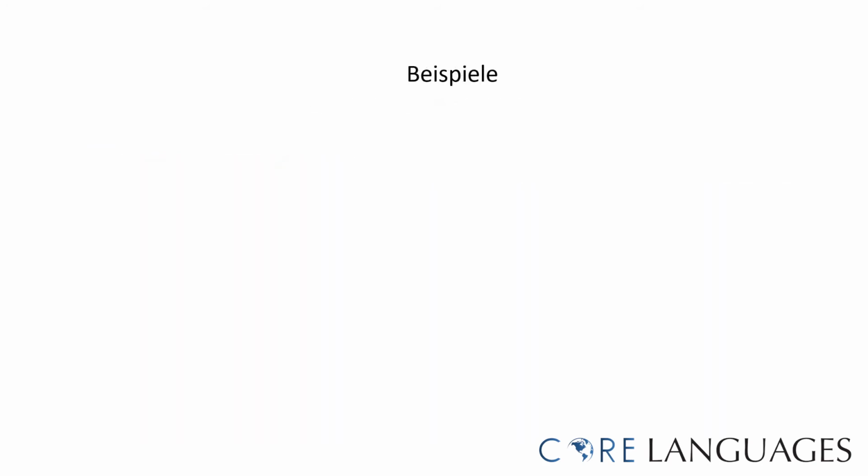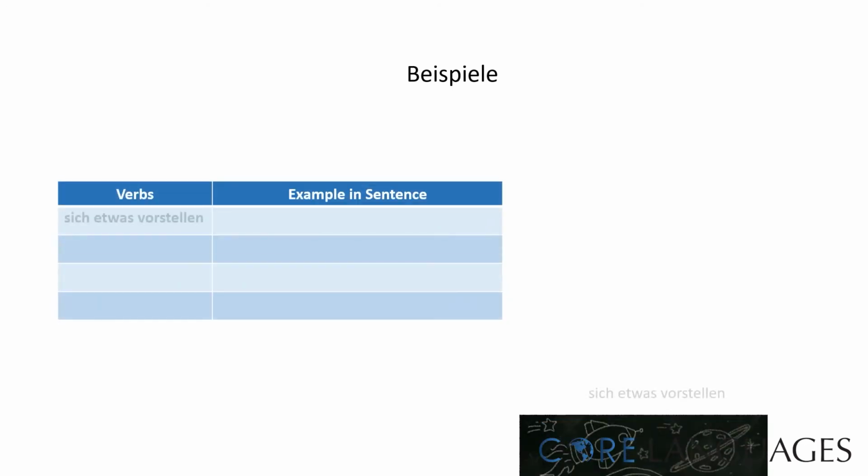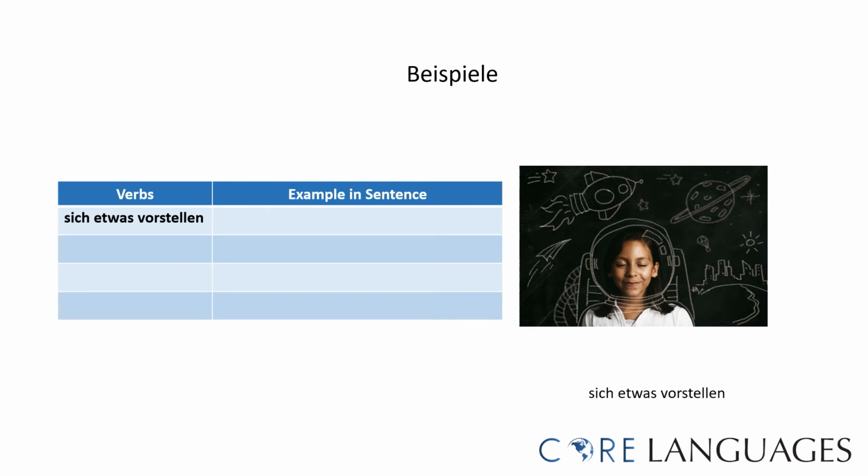Here are some more Beispiele of reflexive dative verbs. Read along with the sentences and pay close attention to the reflexive dative pronoun. For example, sich etwas vorstellen, to imagine something for oneself or to oneself. Ich stelle mir vor, dass ich Astronaut bin.